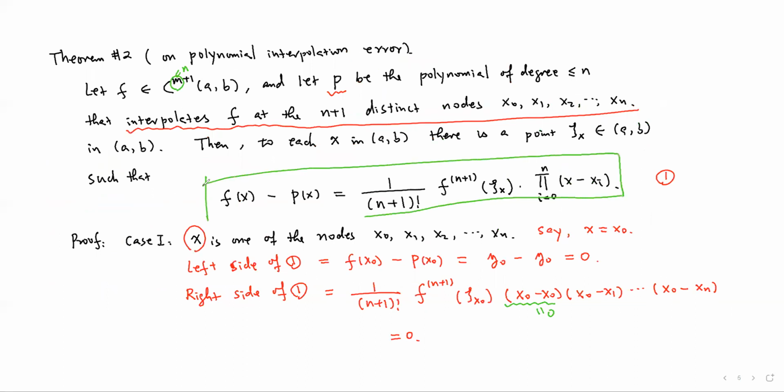So in this section 6.1, there are two theorems. The first theorem guarantees that the interpolation polynomial exists. And also, if the degree of the interpolation polynomial is at most n, then the interpolation polynomial is unique.